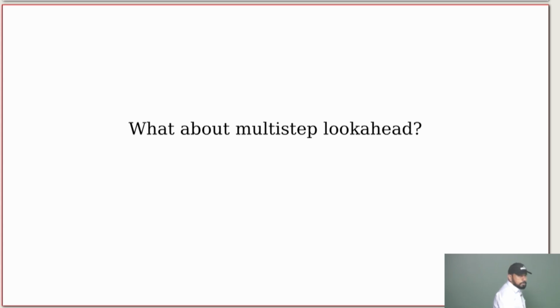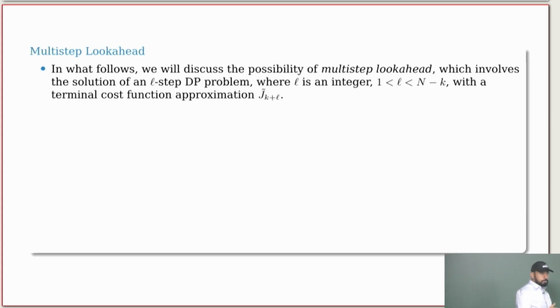Now multi-step, as I said, is not just looking at one step, but looking at L steps. So I am at x_k, and I am scanning k+1, k+2, up to L. All the branches going from x_k to x_{k+L}, I will really optimize for this, and from there onwards it will be some J tilde estimate.